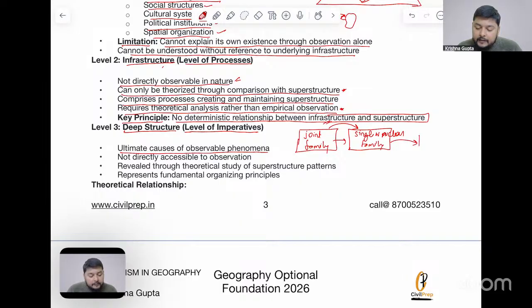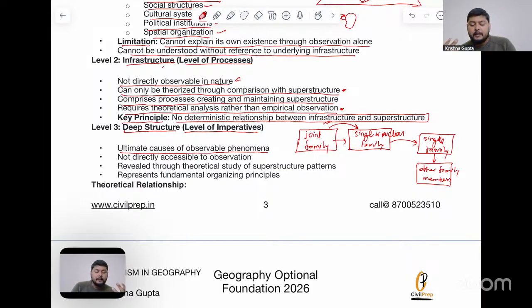When you are living in a nuclear setup or a single family, certain issues used to be taken care of by the other family members. For example, if an accident occurs in a family, when people lived in a joint family, everyone used to take care of that particular person.